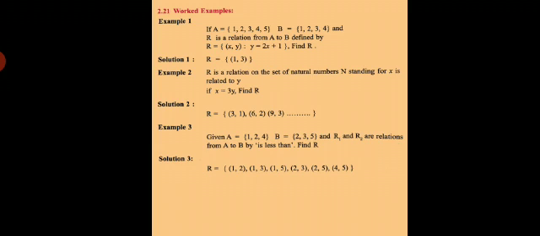Similarly, for the second example, R is a relation on the set of natural numbers N standing for x is related to y, that is, if x is equal to 3y, find R. So here they have clearly said it is the set of natural numbers.